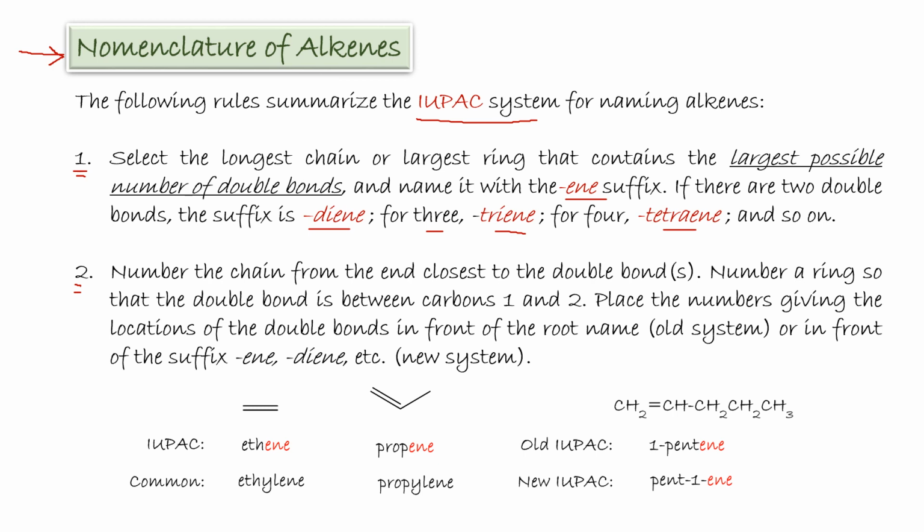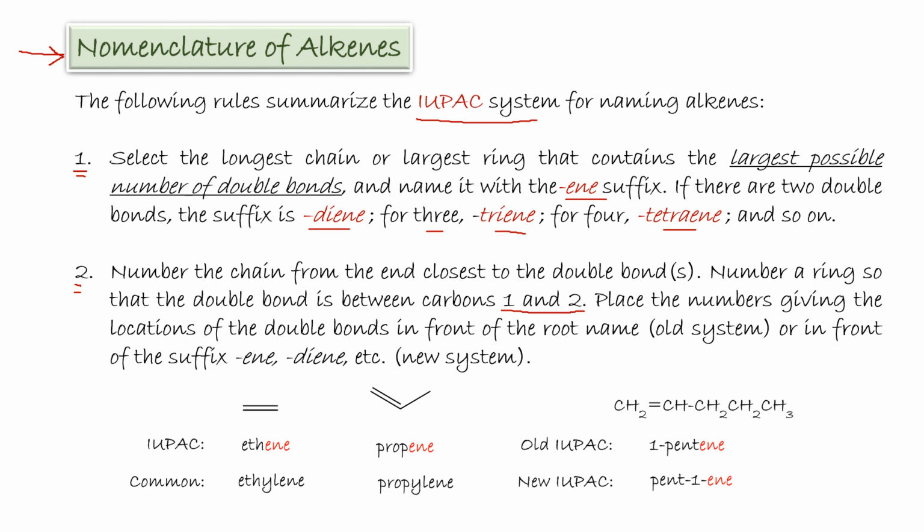Number 2. Number the chain from the end closest to the double bond, not to the substituent. Number a ring so that the double bond is between number 1 and 2. That's in the case of cyclic compounds.